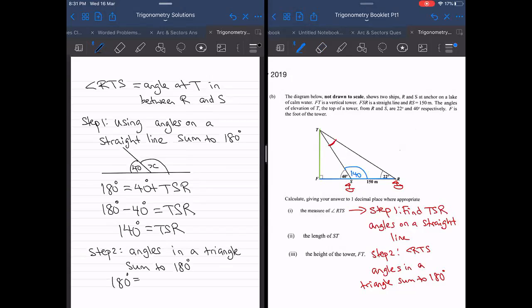So 180 degrees is going to be the 140 plus the 22 plus the RTS. So if you want to bring them over first, X, if you want to call it X or if you want to call it TSR, whichever one. Let me put it in blue since I had it in blue over there.